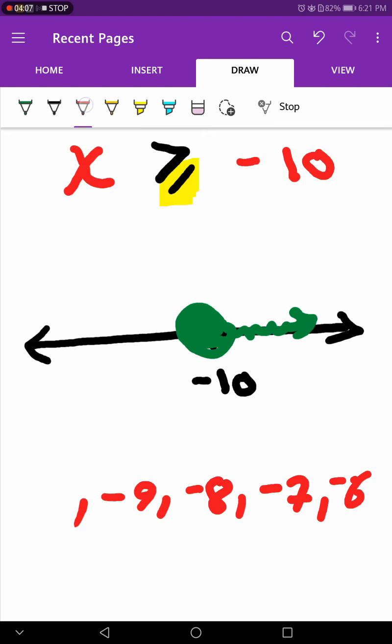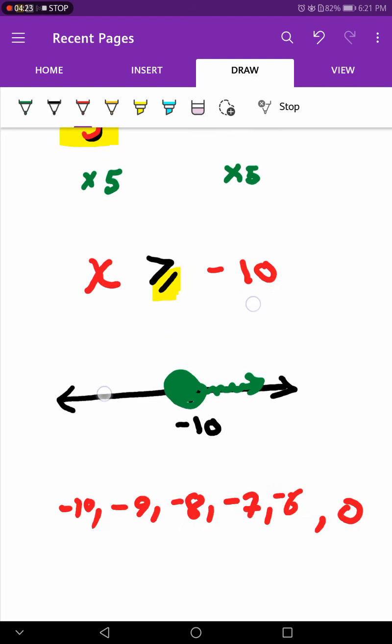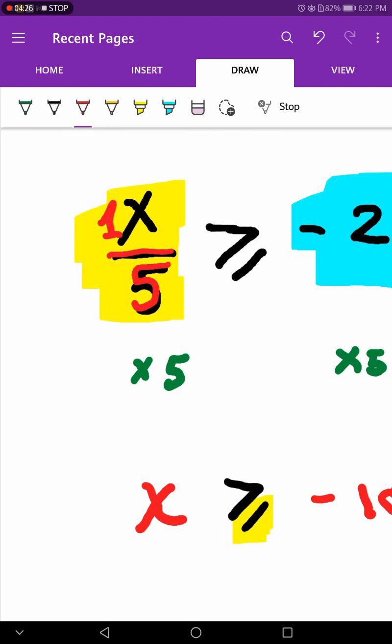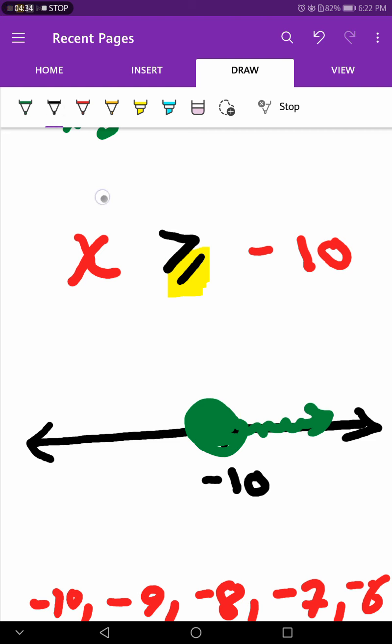Thank you, Yaman. You are brilliant, really. Okay, so negative 10 is one of the solutions. If I ask you if 0 is one of the solutions, what do you have to tell me? Yes. Correct. Why? Because 0 is greater than negative 10. Yes, and if I check here and put 0 instead of the x here: is 0 greater than negative 10?